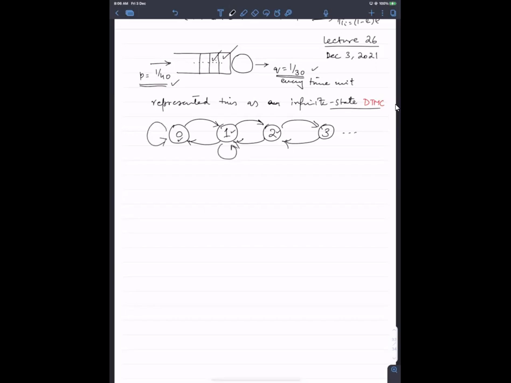Similarly here, and similarly here. And we saw all of these probabilities. With probability R, you increase the size of the queue by 1 unit. With probability S, you decrease the size of the queue by 1 unit. So 1 minus R minus S is the probability you maintain the size of the queue.